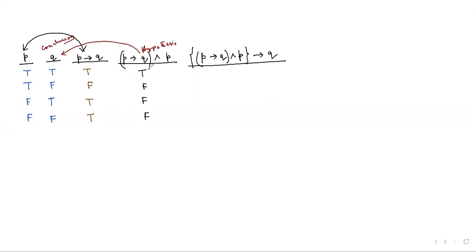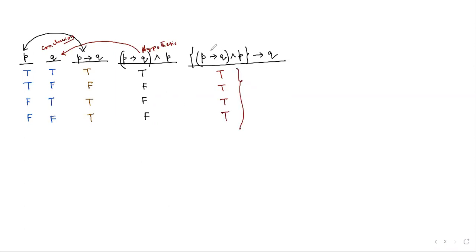Okay, now you see the hypothesis is true, so the conclusion is true, so this will be true. Hypothesis is false, conclusion is also false, so this will be true. Hypothesis is false, conclusion is true, so this is true. Hypothesis is false, conclusion is also false, so this will be true.